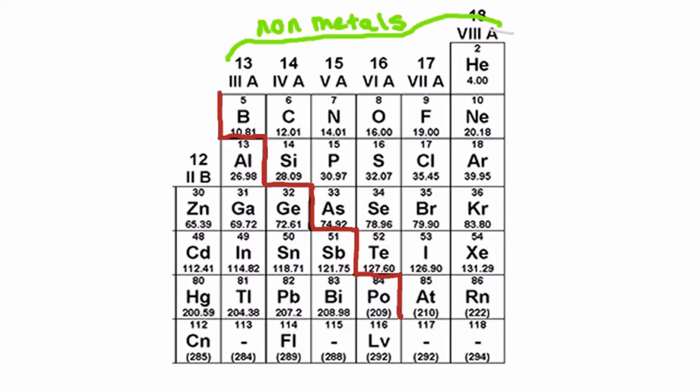Now this entire column, this 8A, the one on the very right, we do not need to worry about, because this column is called the noble gases. The reason they were called the noble gases was it was actually a joke among scientists, because these elements do not combine with any other elements.